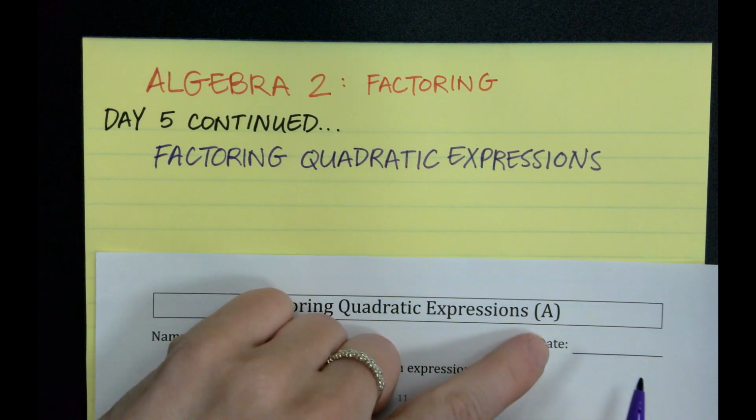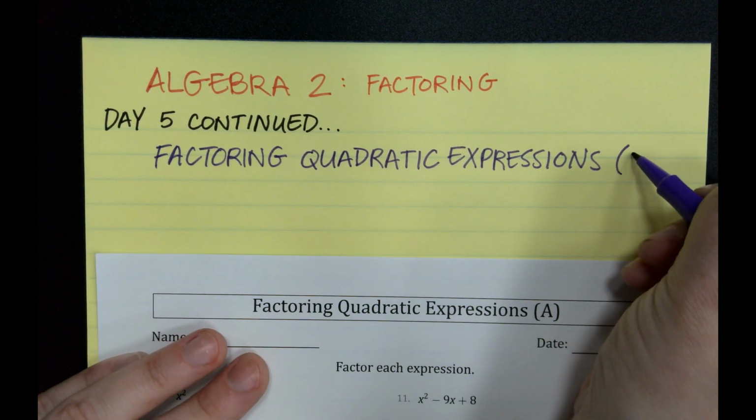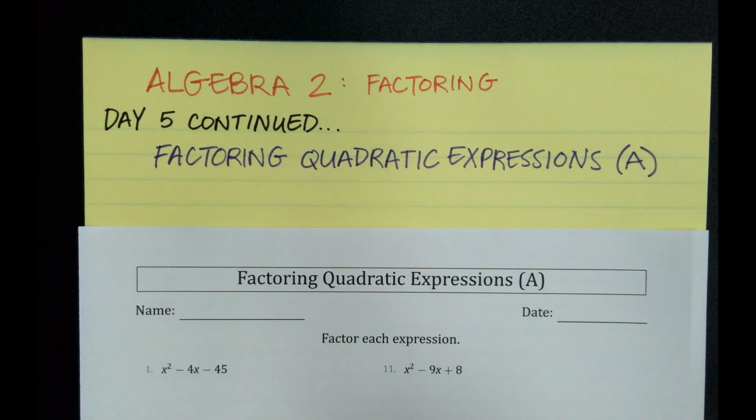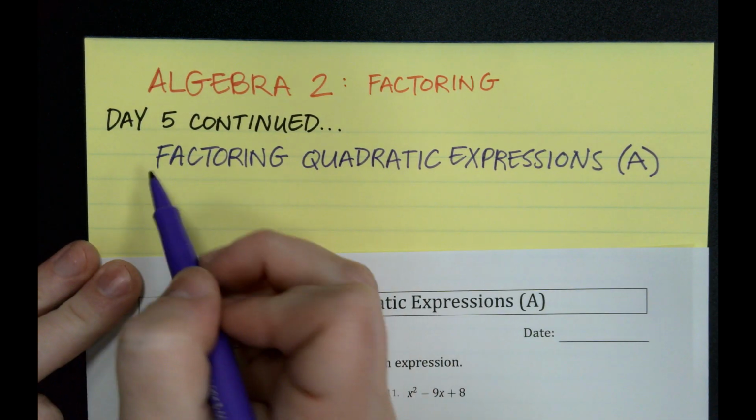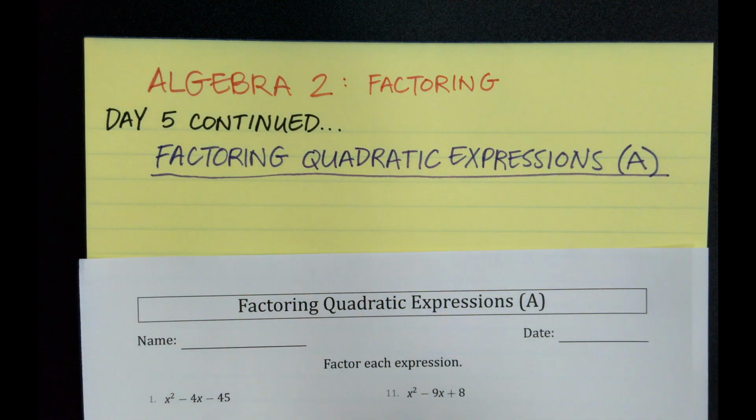I'm going to label this A because I actually printed off 3 versions of this worksheet so you guys can have more practice later on. There's A, B, and C. This is A.